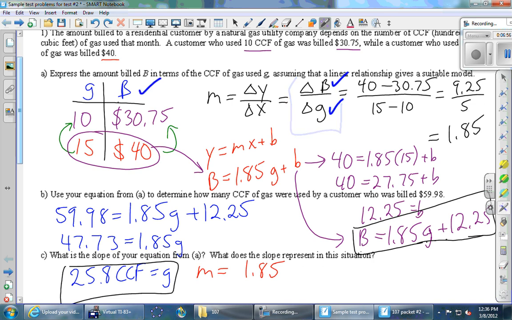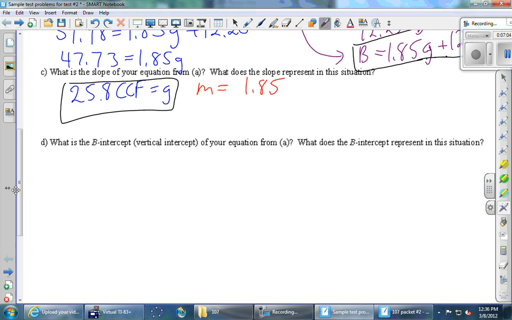The B units were dollars and the G units were CCF. So on the top we have dollars and on the bottom we have CCF. So this is $1.85 per CCF. And if I really wanted to put a number down there, I could put a 1. And then it's pretty much just a matter of reading that fraction.